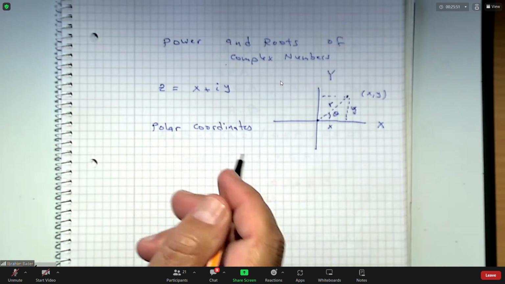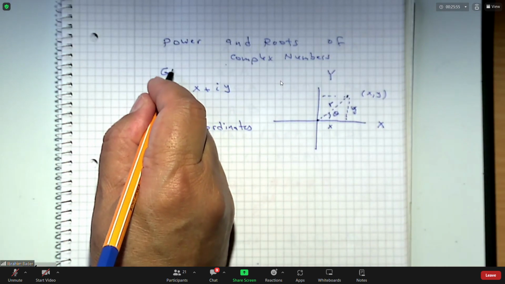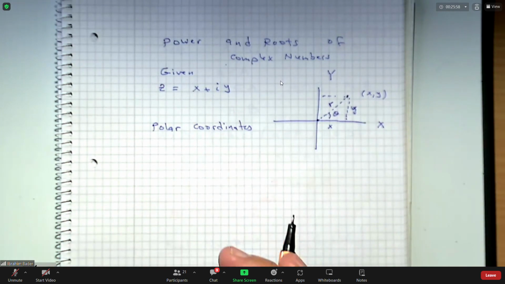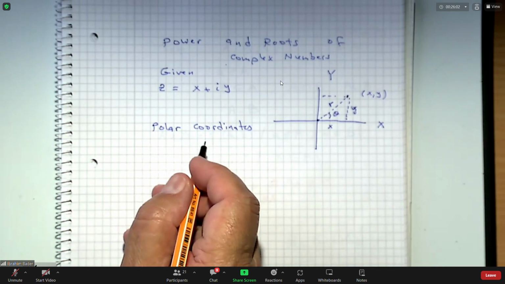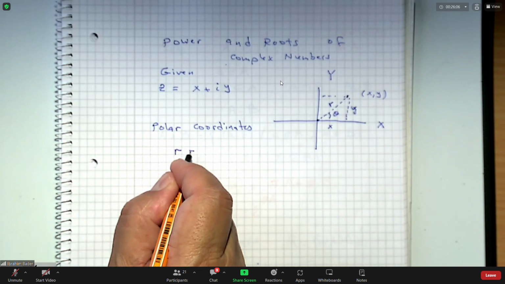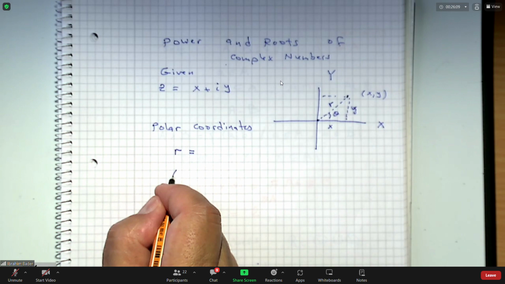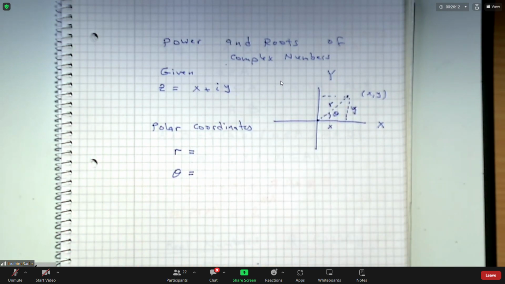This is very important: how to get these polar coordinates. Given a number in standard coordinates, we need r and we need theta. The number is uniquely identified using these two parameters.